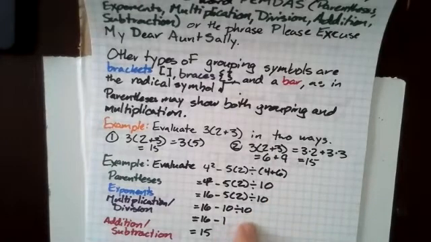The only exponent here is the 4 squared, so this becomes 16 minus 5 times 2 divided by 10. Now we do multiplication and division from left to right. So first, we'll multiply out the 5 times 2, which gives us 16 minus 10 divided by 10. And then we'll do the 10 divided by 10, which gives us 16 minus 1. Finally, we do the subtraction and get 15 as our solution.